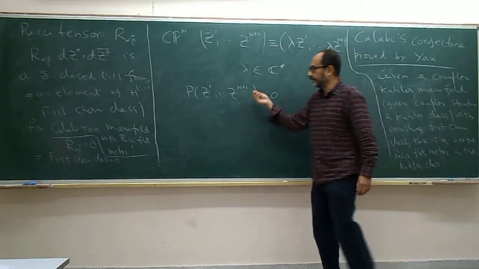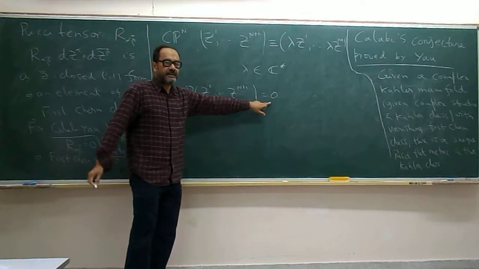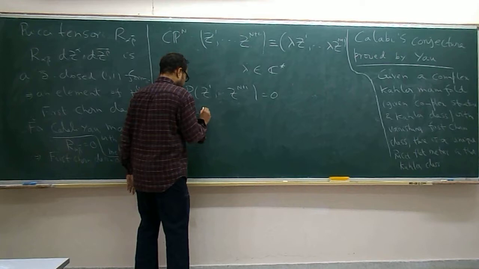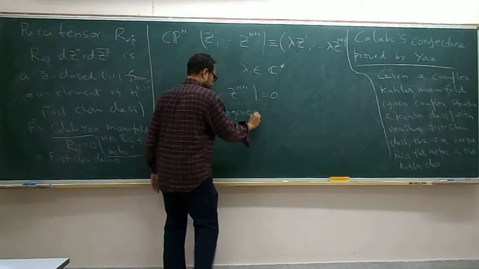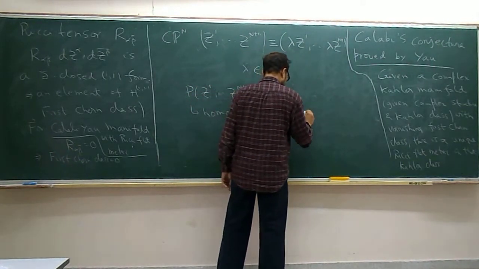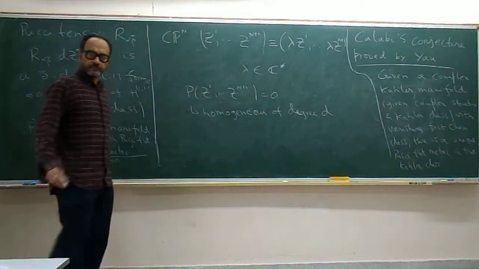But if it's homogeneous, then under this scaling you get an overall factor which doesn't matter, because you are setting this equal to 0. So this has to be homogeneous of some degree.